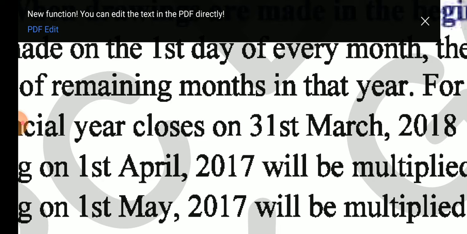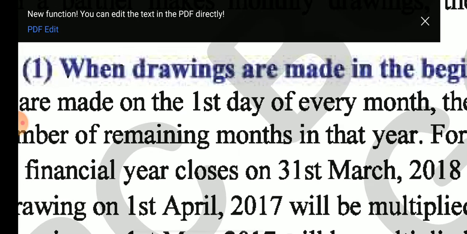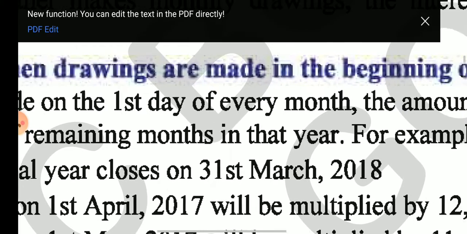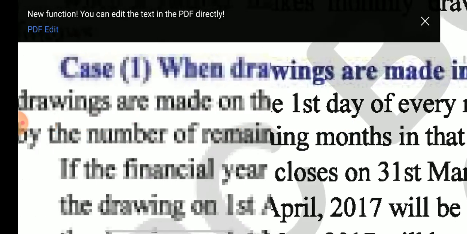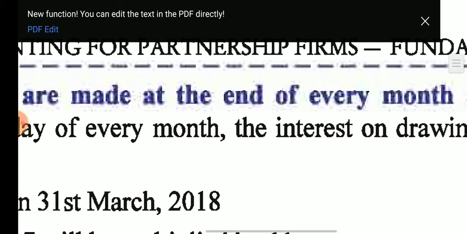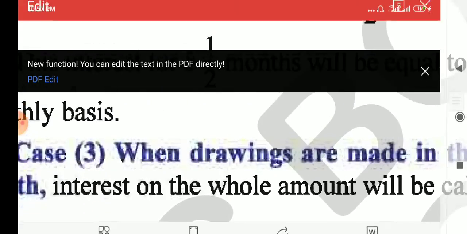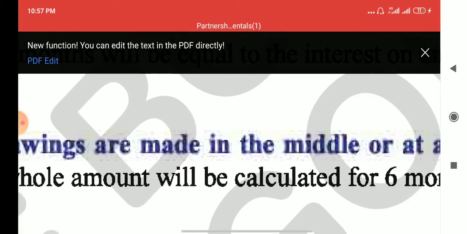It means three ways. First, when drawings are made in the beginning of every month. Second, when drawings are made at the end of every month. And third, when drawings are made in the middle or at any time during the month.